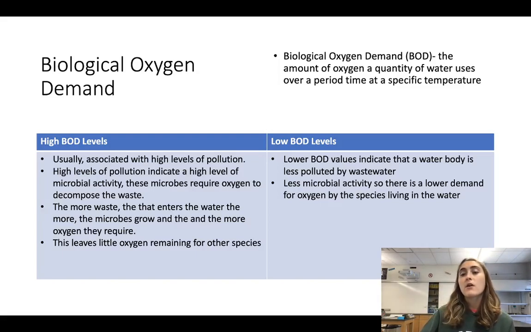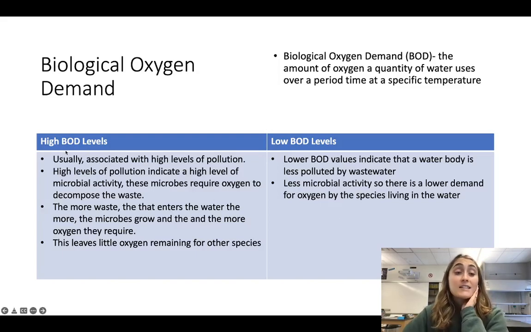This is the amount of oxygen that is required for species living in that area, or how much is needed for species in that area. And so usually if there's a high demand for oxygen, a high biological oxygen demand, that's generally associated with higher levels of pollution.